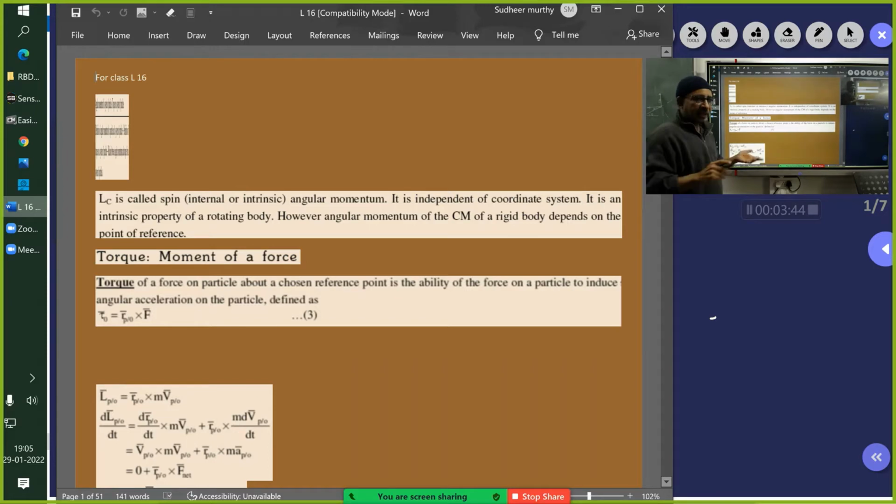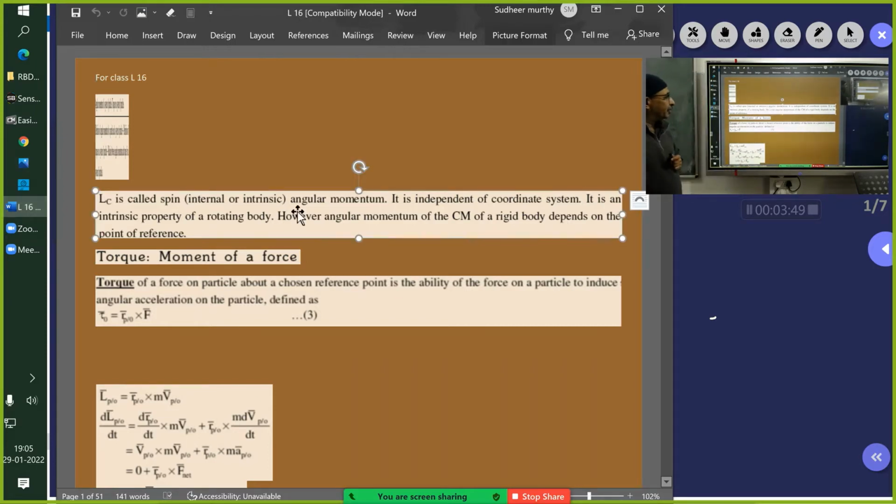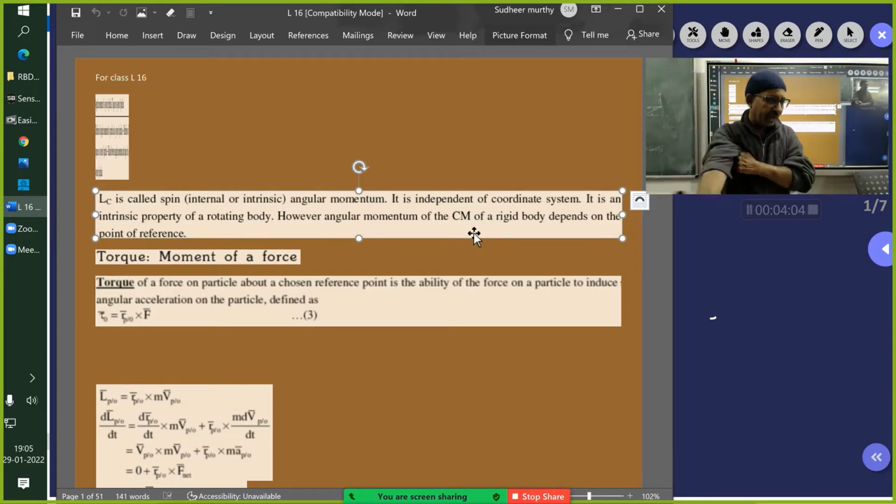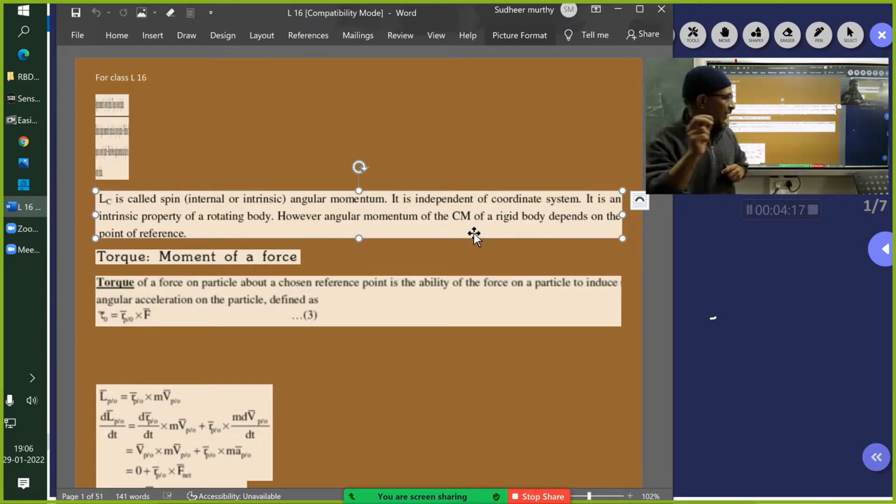Before I go to the next point, I would like to mention an important abstraction which I had forgotten to tell yesterday. L_C is called spin, or internal, or intrinsic angular momentum. Now, an electron is spinning as well as rotating about a fixed axis, or we say an electron is revolving. So it is spinning about its own center of mass, and the spin is around its center of mass.